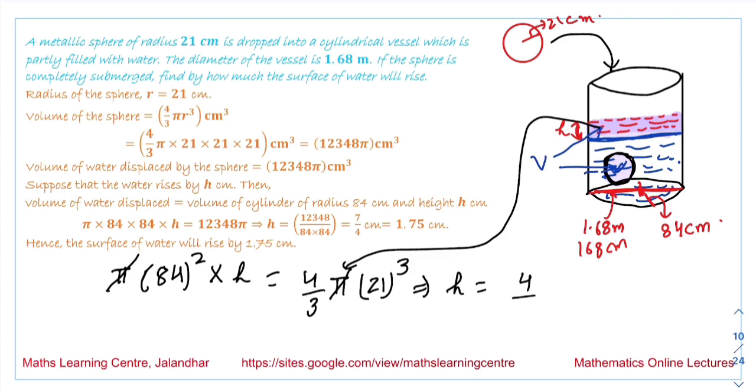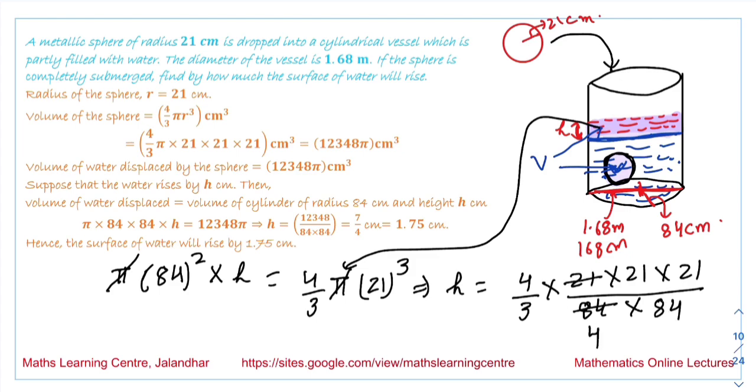So that will be 4 by 3 into 21 into 21 into 21 over 84 into 84. So this 21 and 84, it is 4 over here, this 4 gets cancelled, then 21, and this is 4 over here, and this is 3 7 the 21.